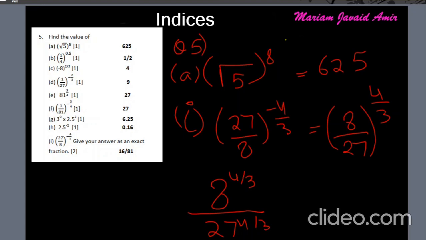Now recall that over 3 in the power means cube root. So let's find cube root of 8 first. That would be 2. Now take 2 power 4, so that would be 16. Over, again take cube root of 27 first. That would be 3. Then 3 power 4 is 81. So the answer is 16/81.